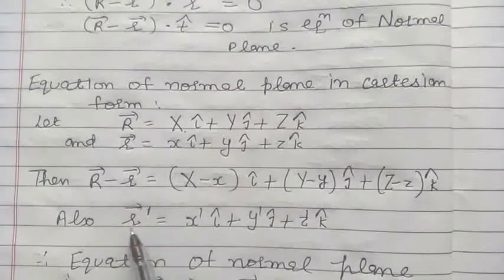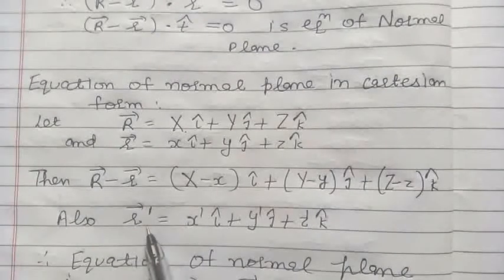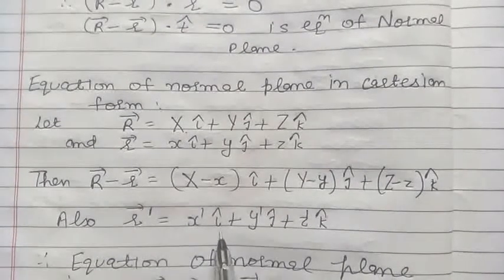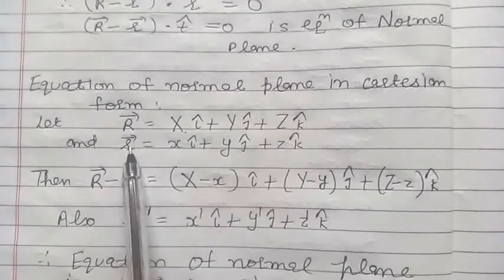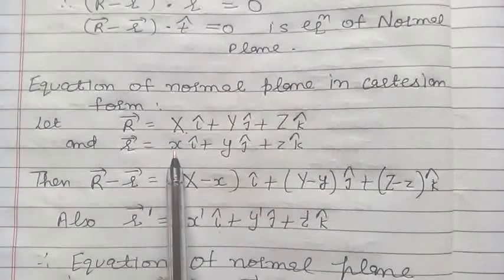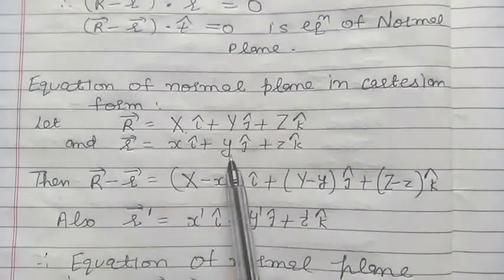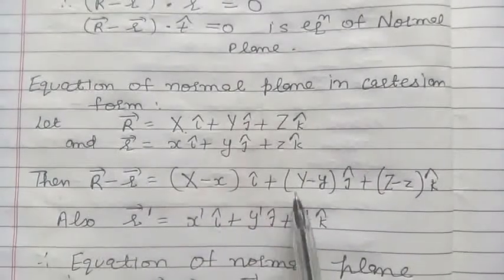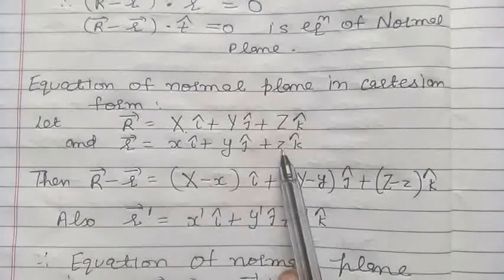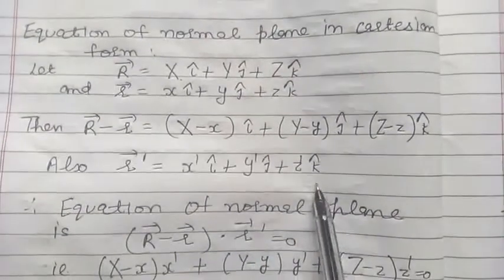Also, by definition, the unit tangent vector at the point P is given by differentiating the vector r. Here we have the derivative of x with respect to s, that is x dash, the derivative of y with respect to s, that is y dash, and the derivative of z with respect to s, that is z dash.